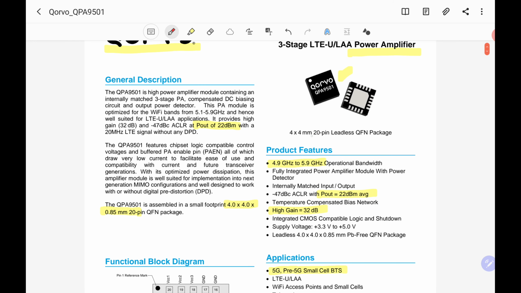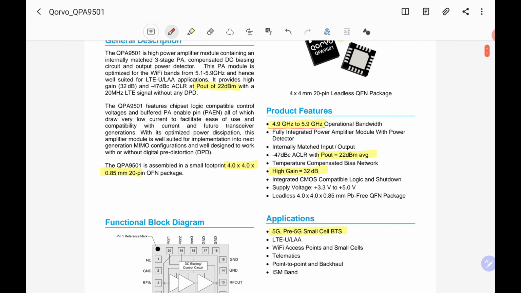The frequency where the power amplifier works is 4.9 to 5.9. So as I explained in the first lecture, your 5G cell phone uses this frequency, right? 4 gigahertz band.